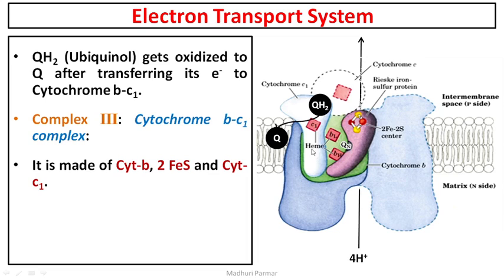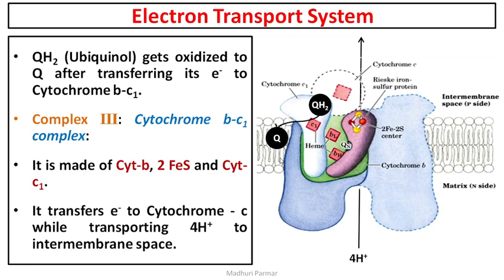As soon as it transfers its electrons, it again gets oxidized back into ubiquinone. Clear? So during this process, complex number 3 now has the electrons. These electrons will be passed on to the next protein, which is called cytochrome C.